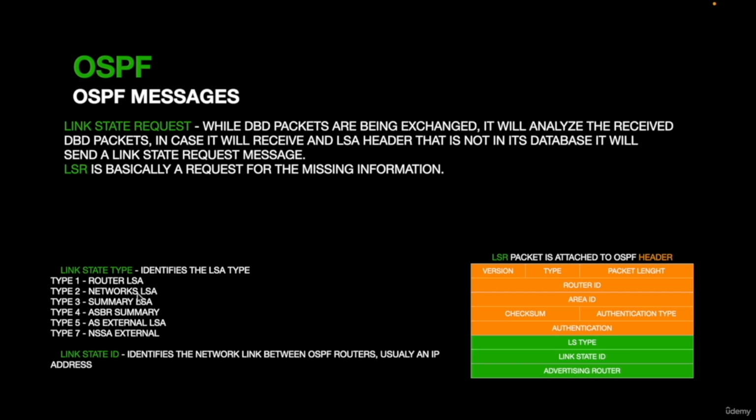We have the link state type, which is identifying the link state type. We can have the router LSA, network LSA, summary LSA, autonomous system border router summary, autonomous system external LSA, and not so stubby area external LSA. And we have the link state ID, which identifies the network link between OSPF routers. It is usually an IP address. And we'll have the advertising router, which is the IP address of the router which is sending the link state request packet.